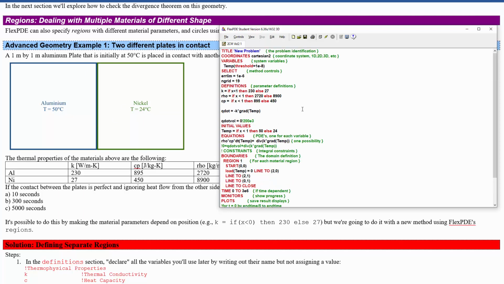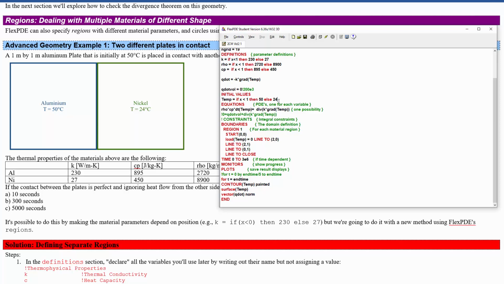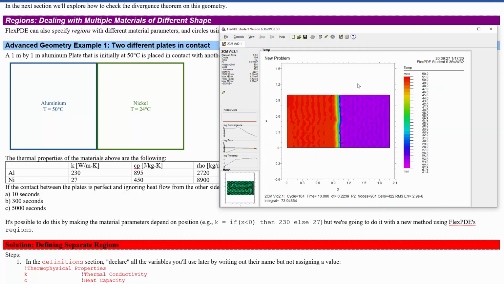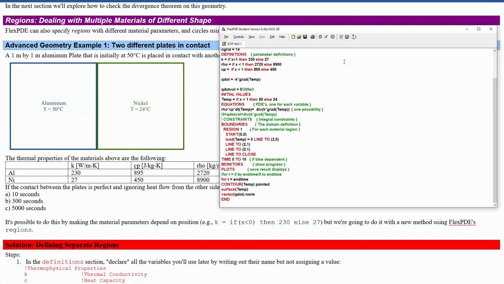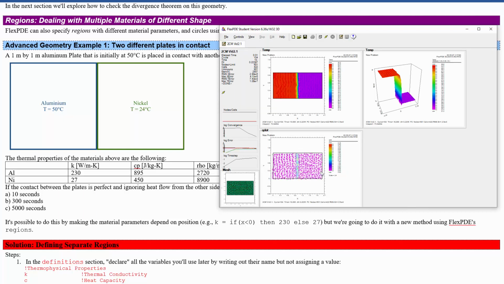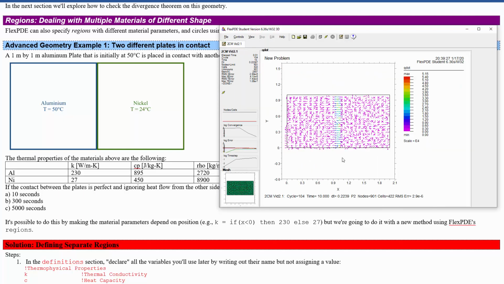Another thing we can do here is change the time to the actual ranges that are given here. So time 0 to 10, things are generally still 24 over here, generally still 50 over here, and starting to flow across the boundary. We probably expect a lot of heat flux there. Yeah.